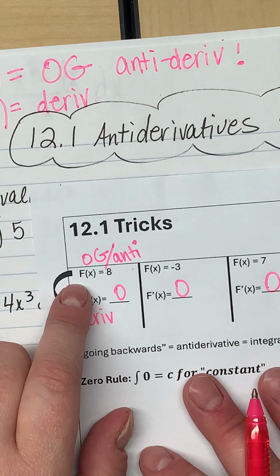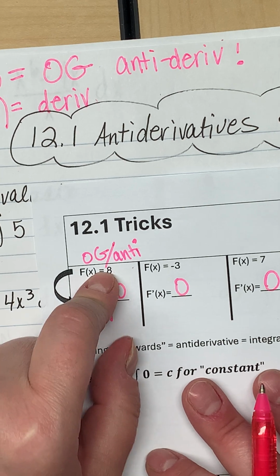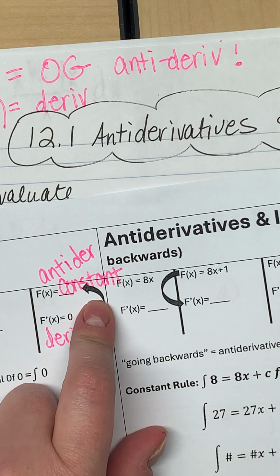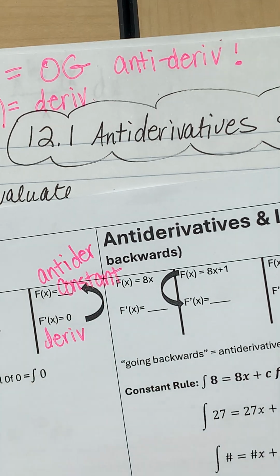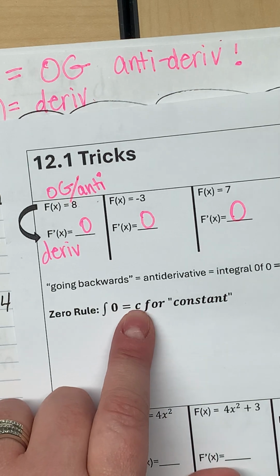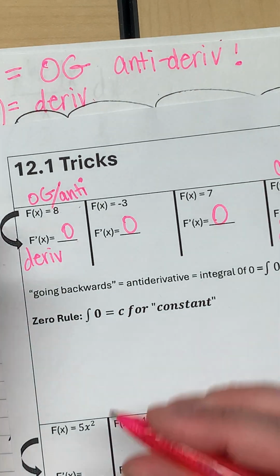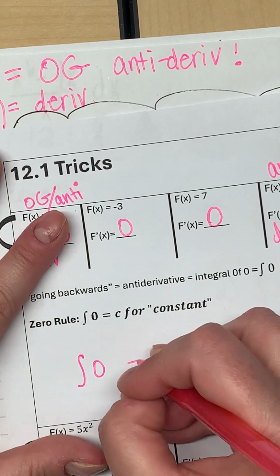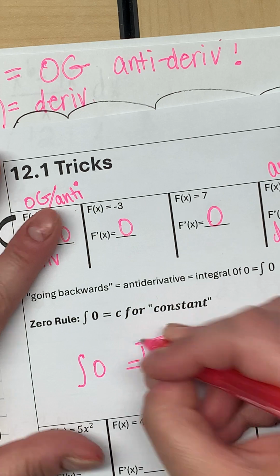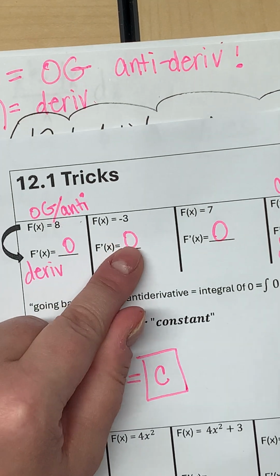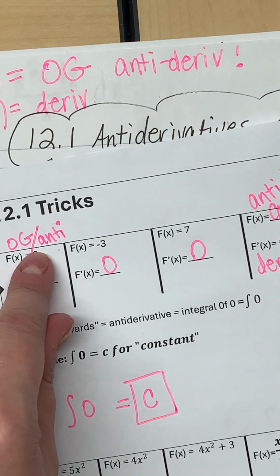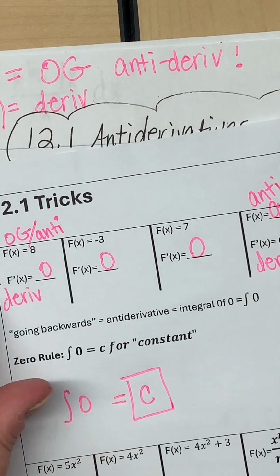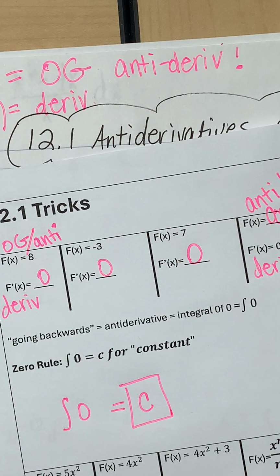The special symbol for a constant is just C. So on your homework, if it says the integral of 0, the answer is just going to be C. If your derivative is 0, your original equation has a constant number in it, and that number could be anything. So C stands for a naked number or a constant.